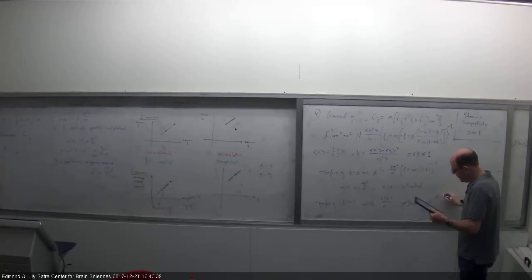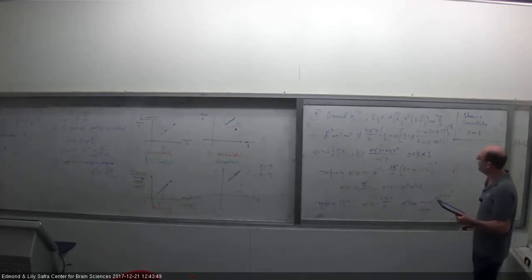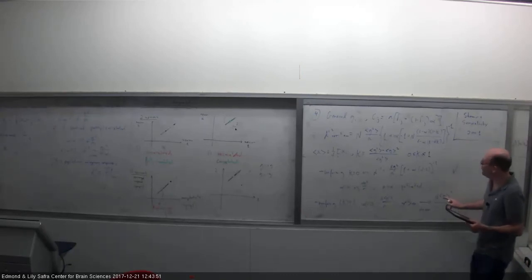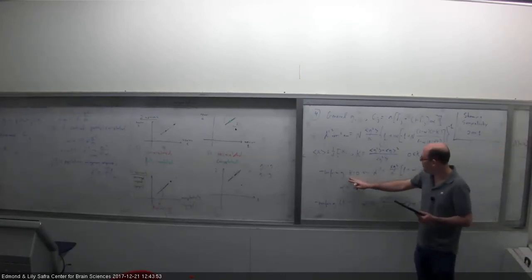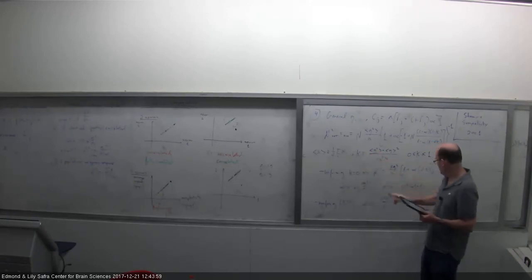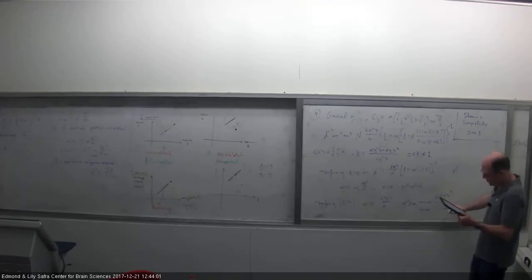What you get is n times g average squared, which is how g average square comes about. It can come about from a combination of kappa and g square average. And you end up with this. I recommend you check yourself that this is true.